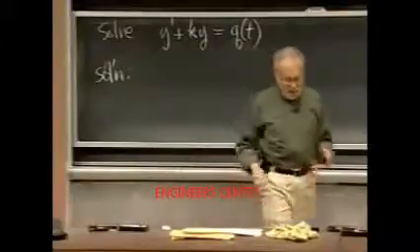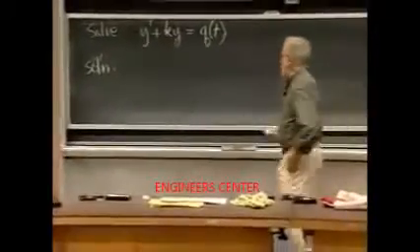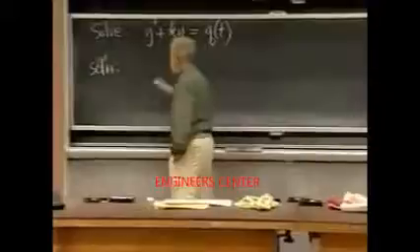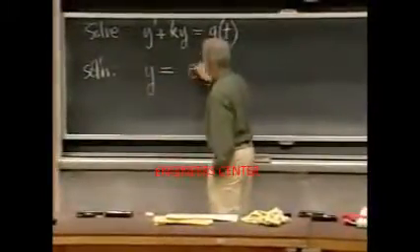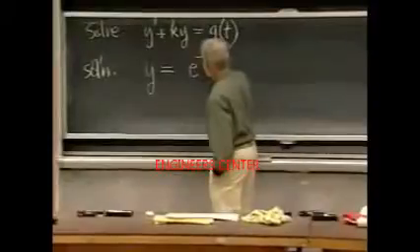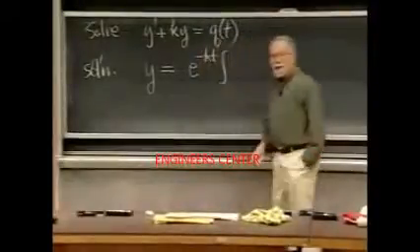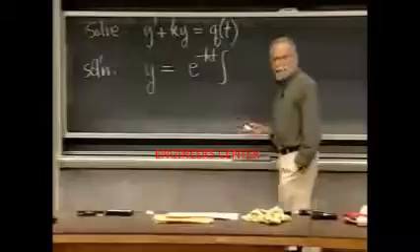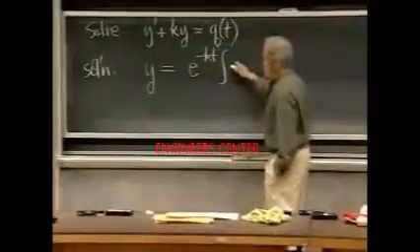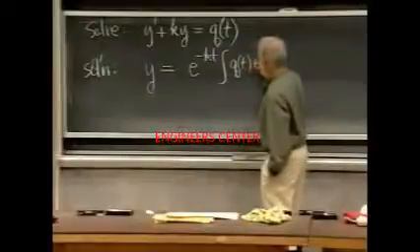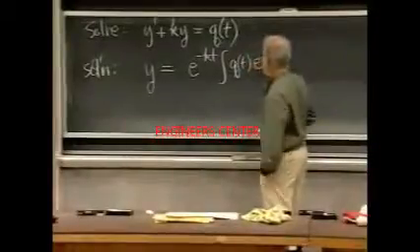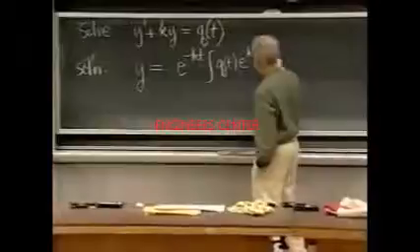After you've done the integrating factor and multiplied through and integrated both sides, the solution looks like y equals e to the negative kt out front times an integral, which you can either make definite or indefinite according to your preference: Q of t times e to the kt inside, dt.